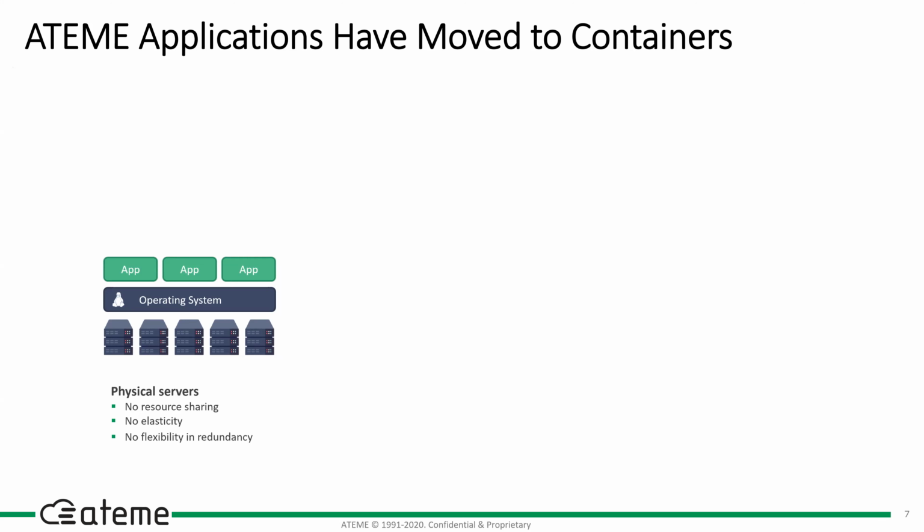But what does an application look like when you are on an on-prem physical server? You have an app, it runs on a server. If the server fails, you have to replace that server. It's something you can touch. It's something that you can see probably. One of the problems though with physical servers, there's limited resource sharing.